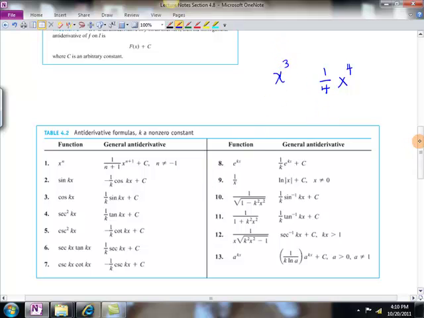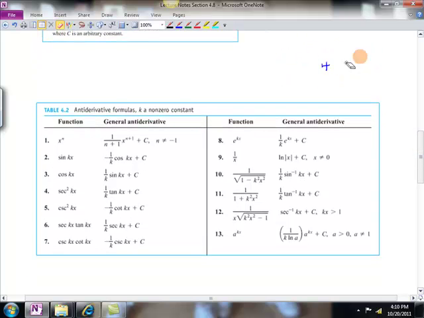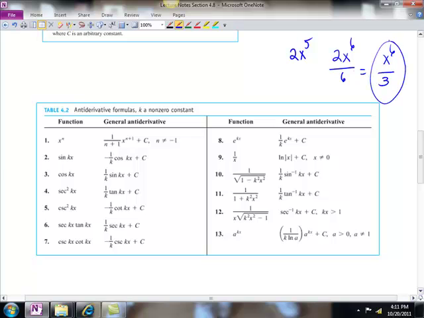Using that idea, if I have 2x to the 5th and I want to find the antiderivative, that's going to be 2x to the 6th over 6, which would be x to the 6th over 3. Now, if I take the derivative of that, am I going to get this?